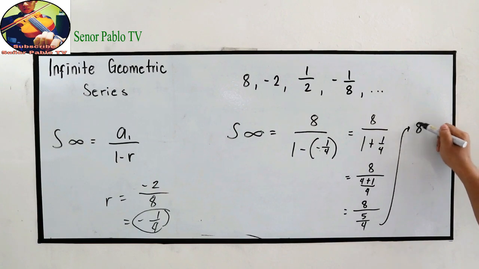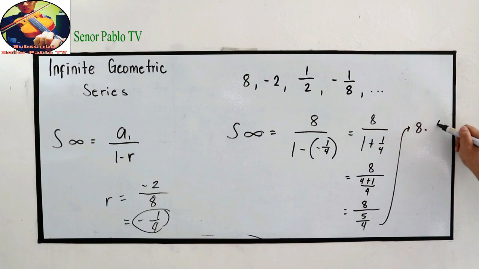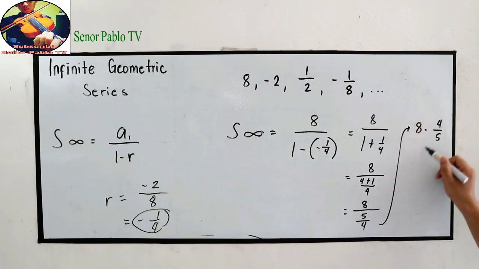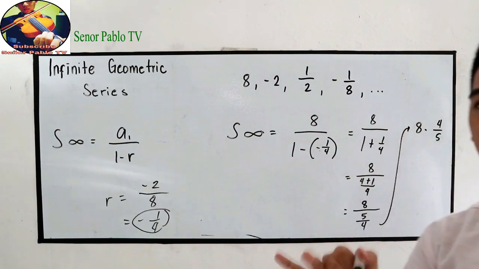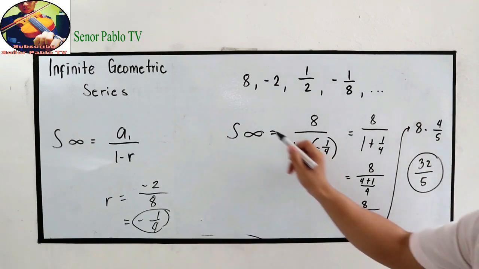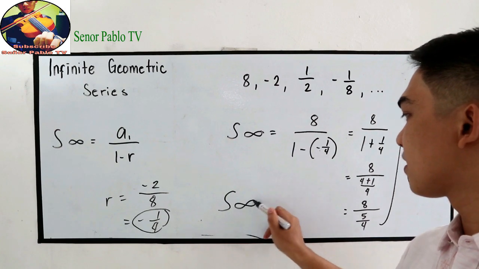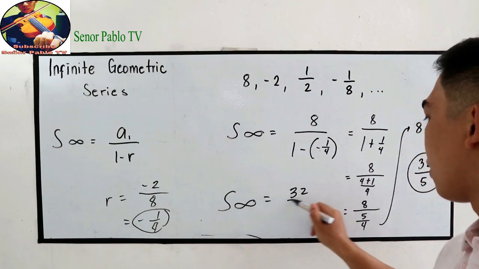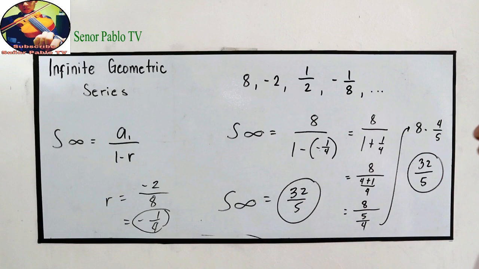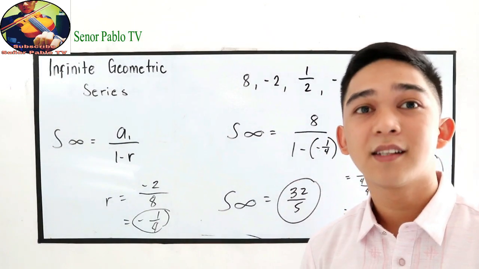So 8 times the reciprocal of the denominator, 4 over 5. So 8 times 4, 8, 16, 24, 32. 32 over 5. So ang sum natin dyan ay 32 over 5. Yan ngayon yung sum ng ating infinite geometric sequence.